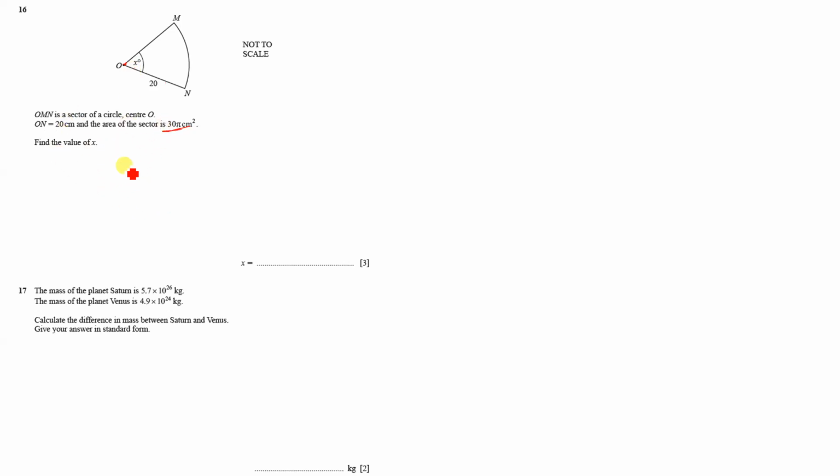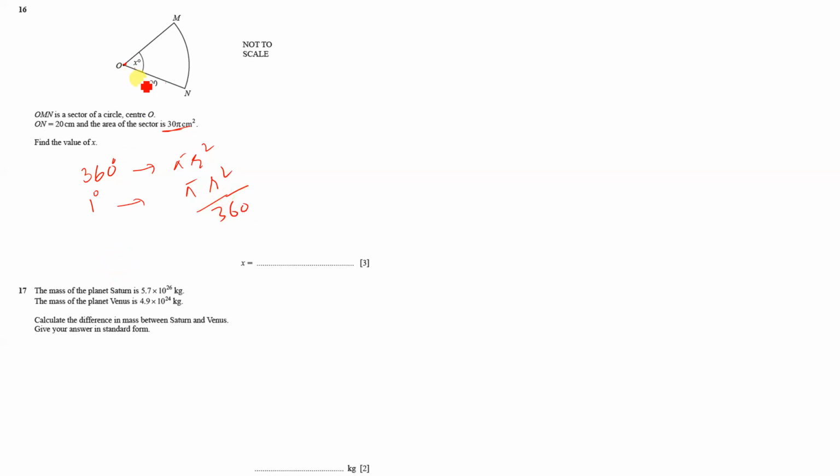We know that the area of the whole circle is pi r squared, and the angle for the whole circle is 360 degrees. So when the angle is 360 degrees, the area is pi r squared. If the angle is 1 degree, the area becomes pi r squared divided by 360.